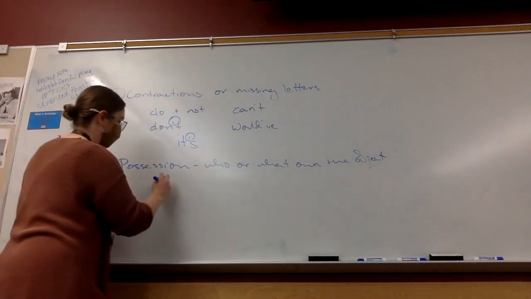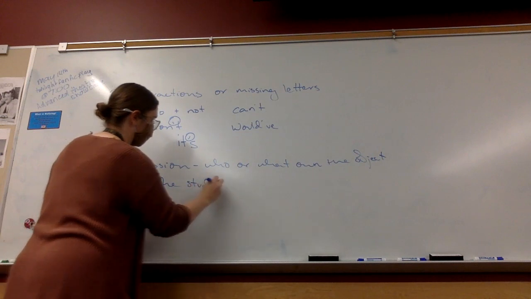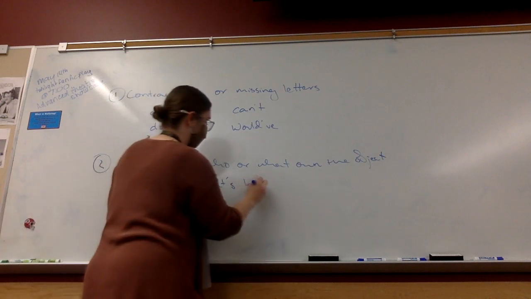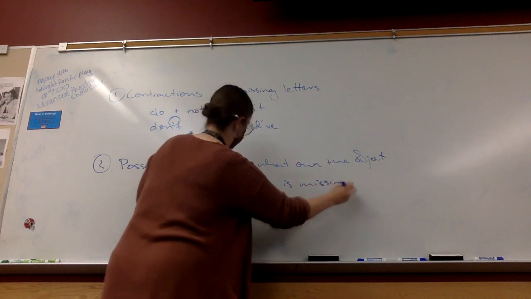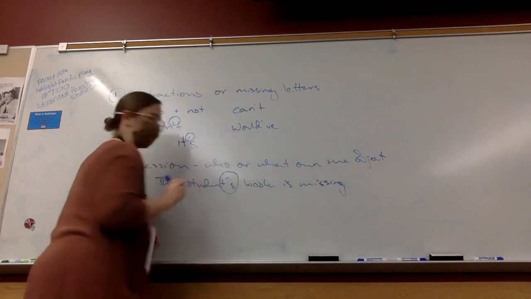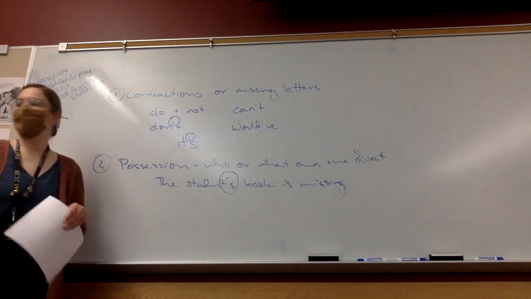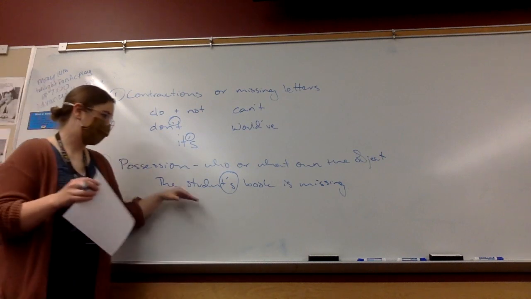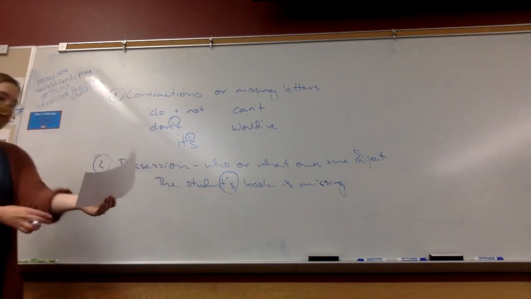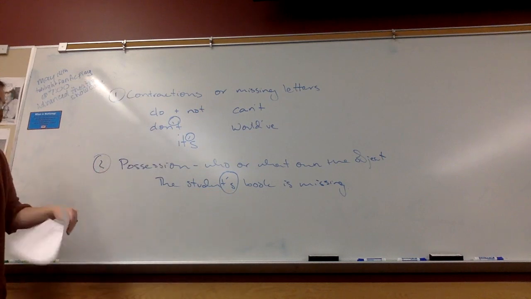So if you said student's book is missing, you are saying that this student owns that book, right? And even if it's just temporary, like right now, you guys all own Taming of the Shrew for a second. It's your book that's been checked out to you. So we use the apostrophe to signal the possession.